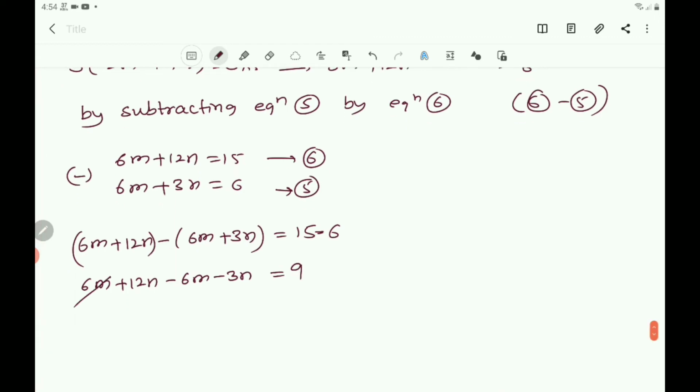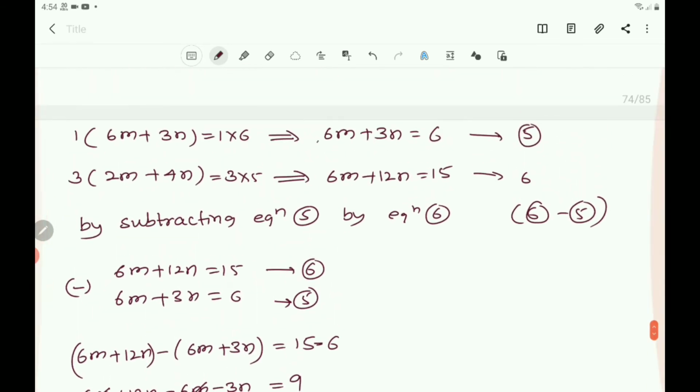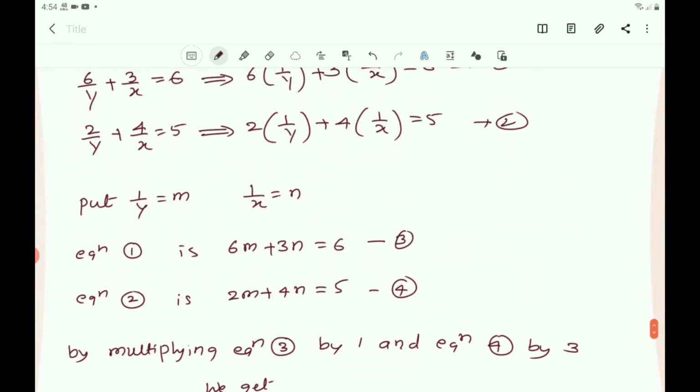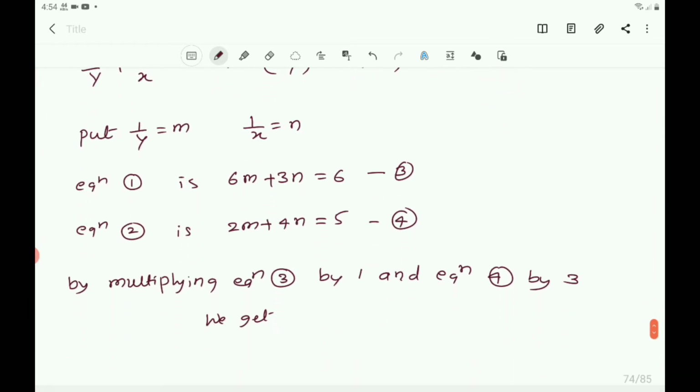Then you cancel 6m and 6m. 12 minus 3 is 9n. 9n equals 9. So n equals 9 by 9, that cancels. What you got? n equals 1.